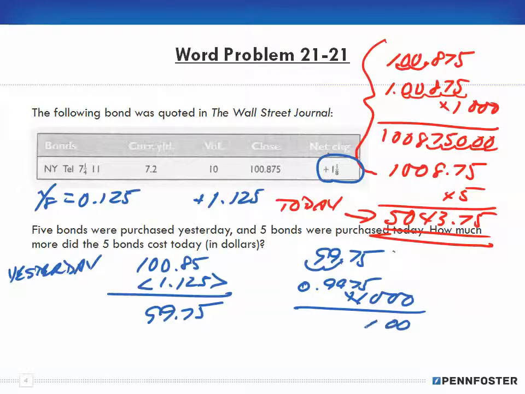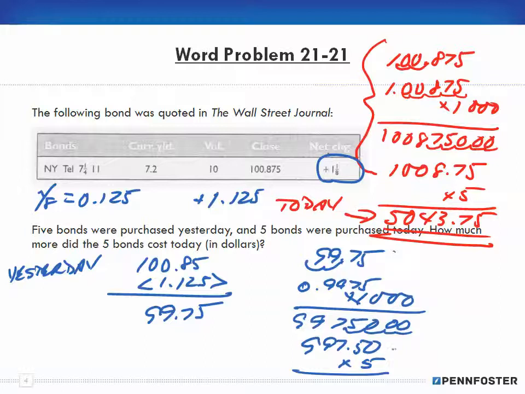I end up with $997.50 as the value of each bond, and I had 5 of them, so that ends up being $4,987.50 was the value of those 5 bonds.